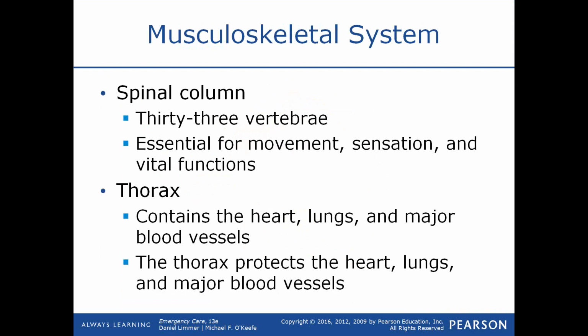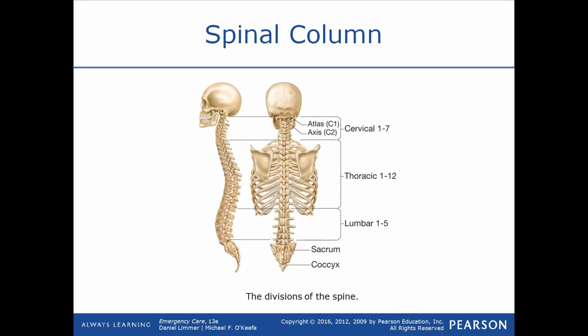The thorax, or the chest, contains the heart, the lungs, and the great vessels. The ribs that make up the thorax, along with the spinal column, help protect the heart, the lungs, and the major blood vessels.